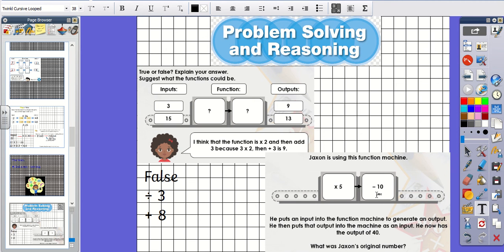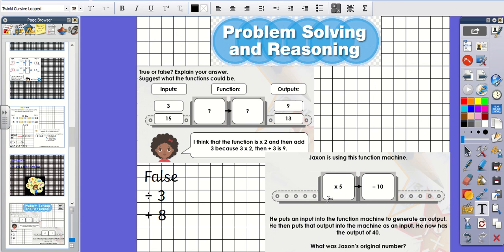So 40 subtract 10 is going to give me 30. 30 divided by 5 is going to give me 6. So then let's see whether we can go back again. So that was the first time. So 6 subtract 10 is going to give me minus 4 times 5.